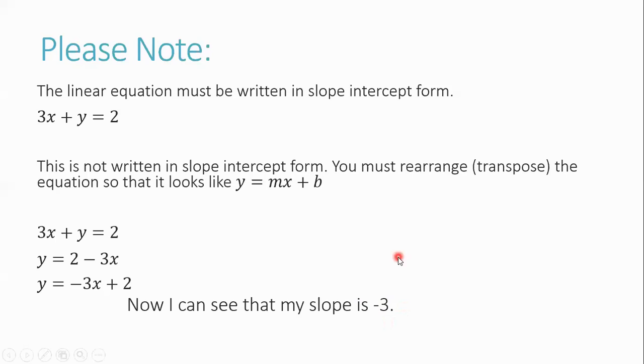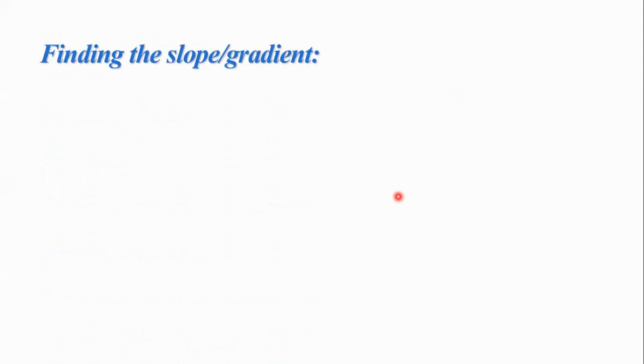If it wasn't clear enough, we do have more examples that we'll be practicing to help you understand. So once again, if your equation is not in the slope-intercept form, you cannot identify the slope. Okay, let's move on. Let's look at some examples, and you can write these down.